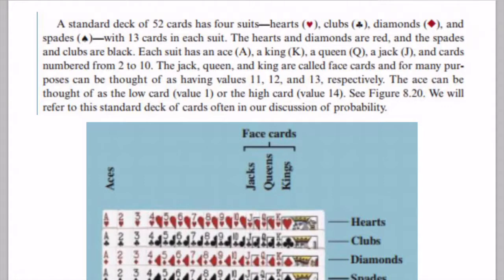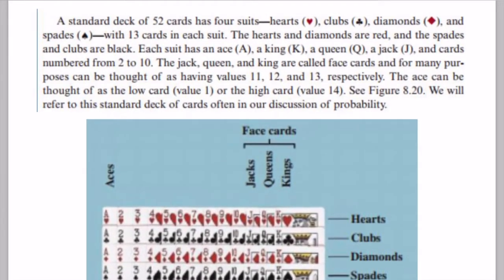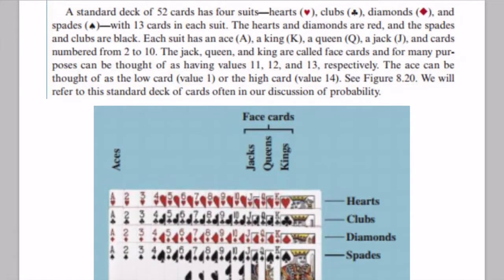The jack, the queen, the king are also called face cards, and for many purposes can be thought of as having values of 11, 12, and 13 respectively. The ace can be thought of as the low card 1 or the high card 14. See figure 8.20. We will refer to the standard deck of cards often in discussions of probability. So please take a minute to read this, understand it, swallow it, and come back once you're ready.